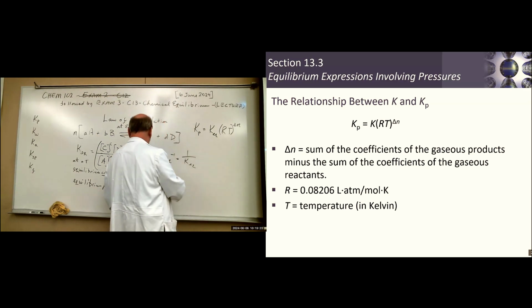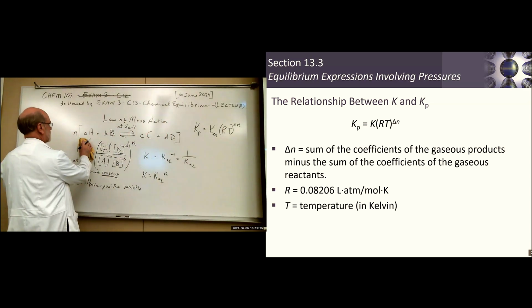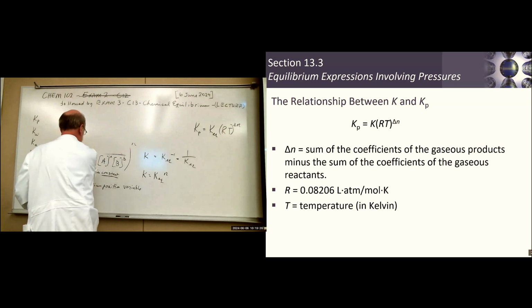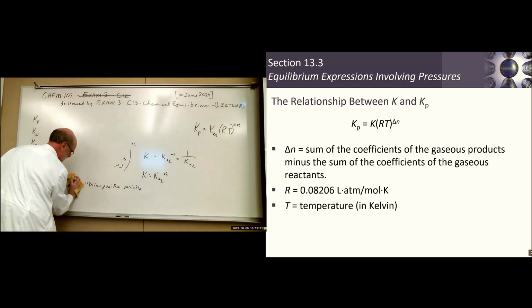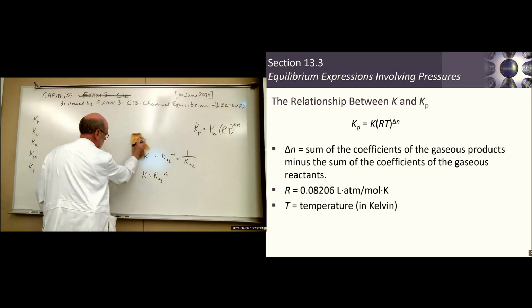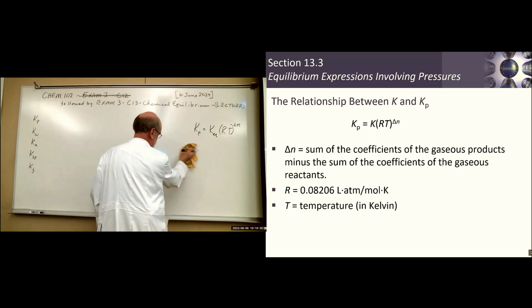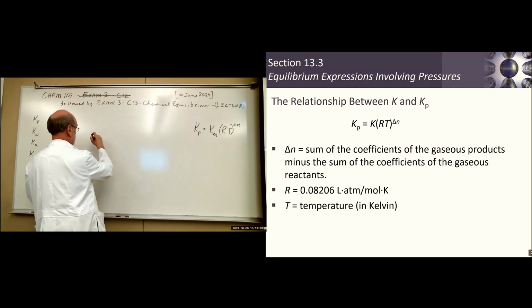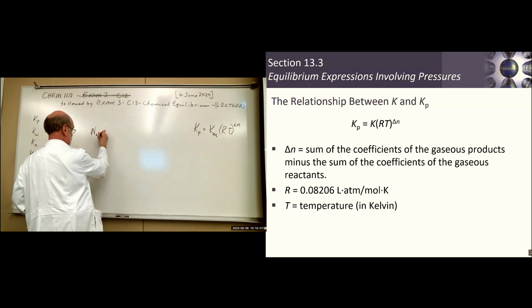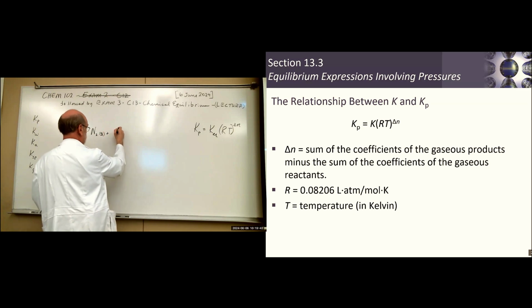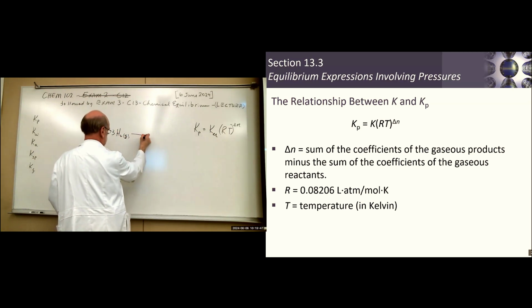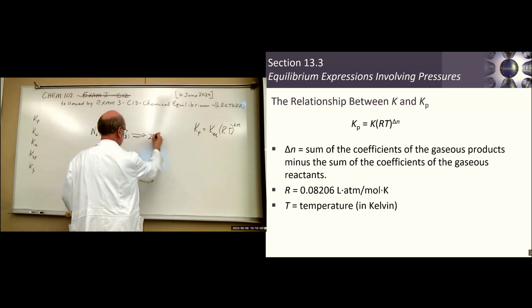So what do we mean by moles? Delta N is a change in moles of gas for the reaction. So if we write the Haber-Bosch process again, we have this gas, we have this gas, and it's in equilibrium with this gas, ammonia.